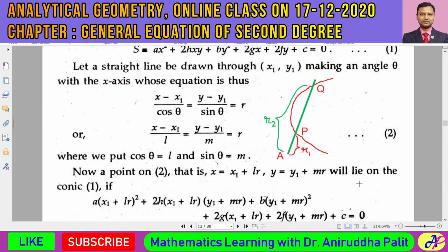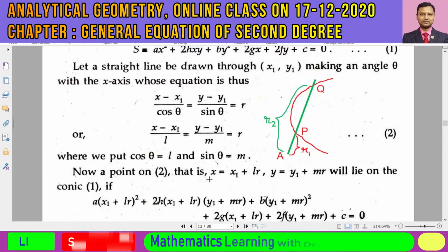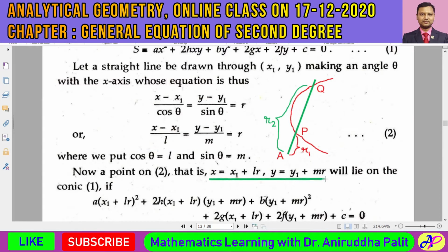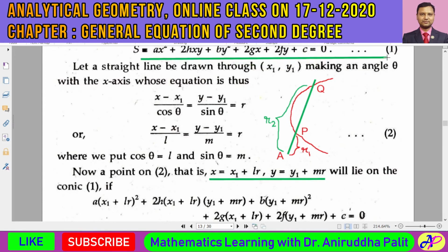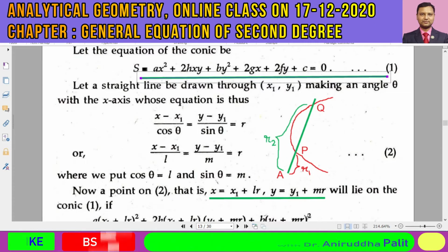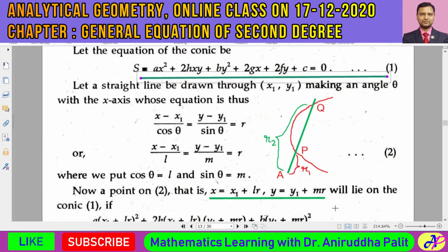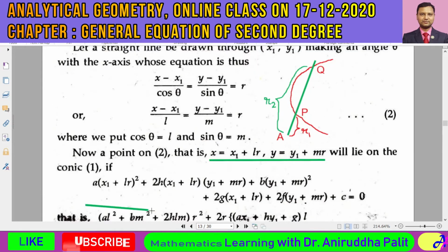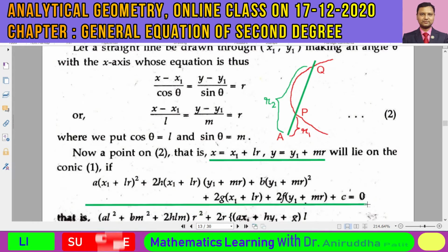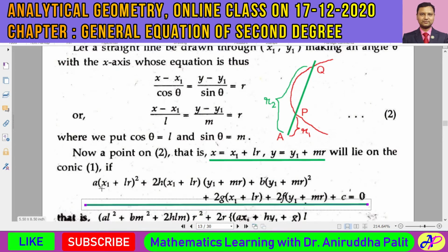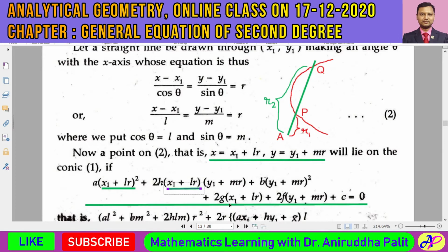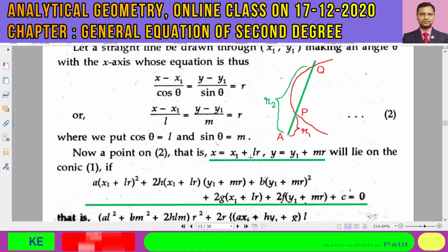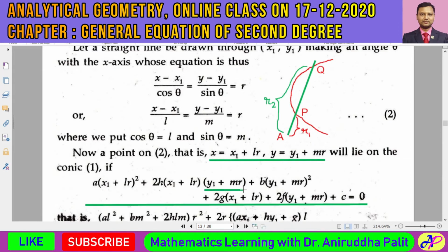Now, if we put these two expressions of x and y in equation number 1, in place of x we are putting x1 plus L into r, and similarly in place of y we are putting y1 plus M into r.